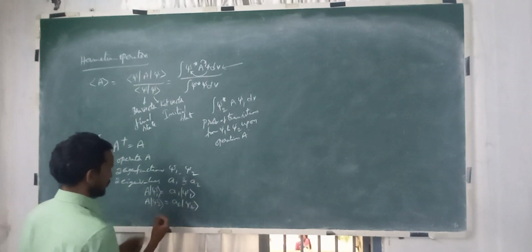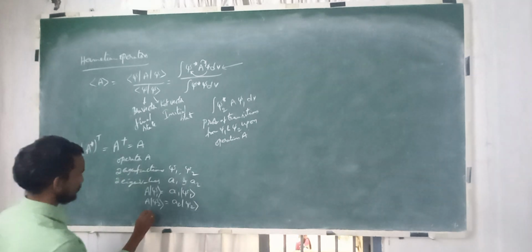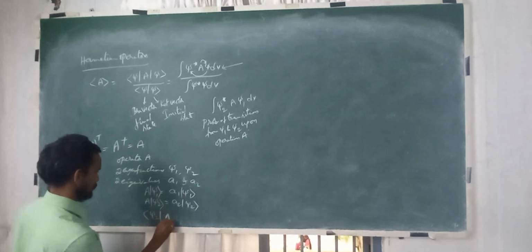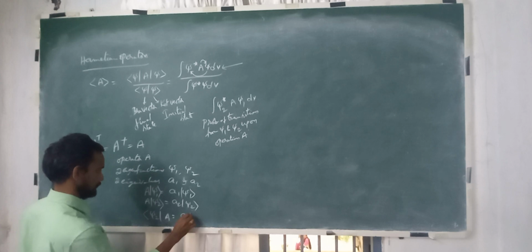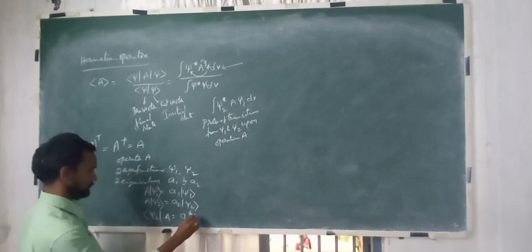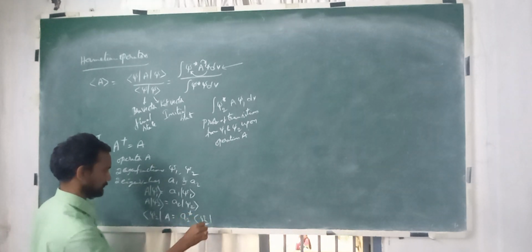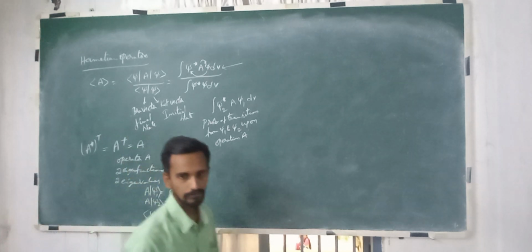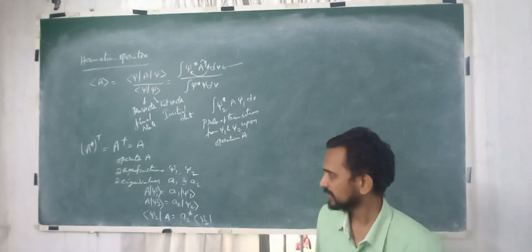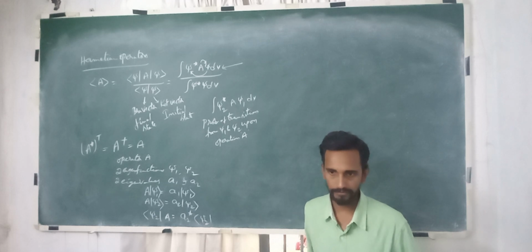And if I take a transpose of this, what do I get? I get a complex conjugate.